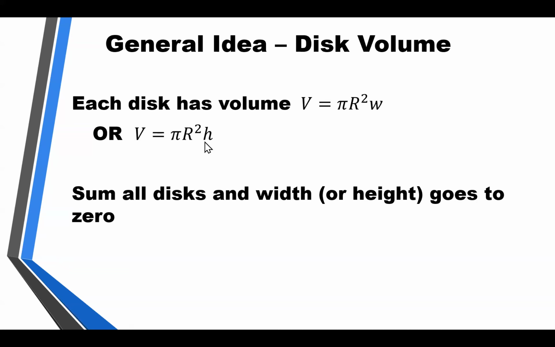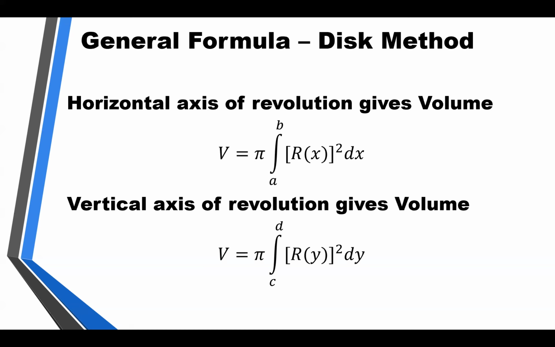And I'd be integrating with respect to y when I took the limit of that Riemann sum. Here, I would be integrating with respect to x. So as the width or height gets smaller and smaller, I take that limit, the widths go to 0, and the Riemann sum turns into an integration.